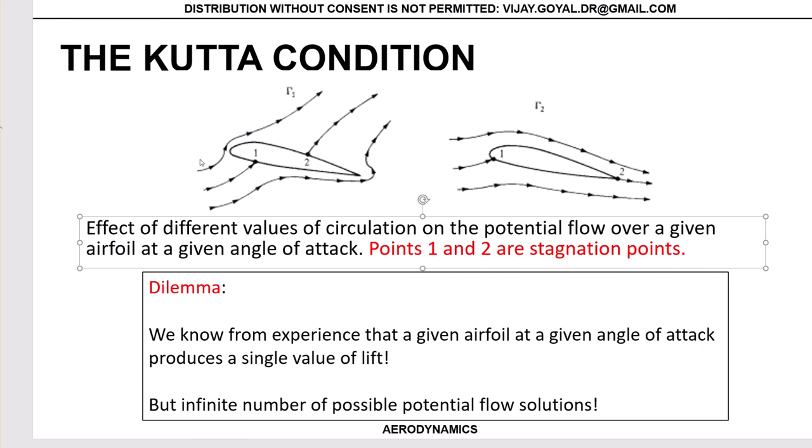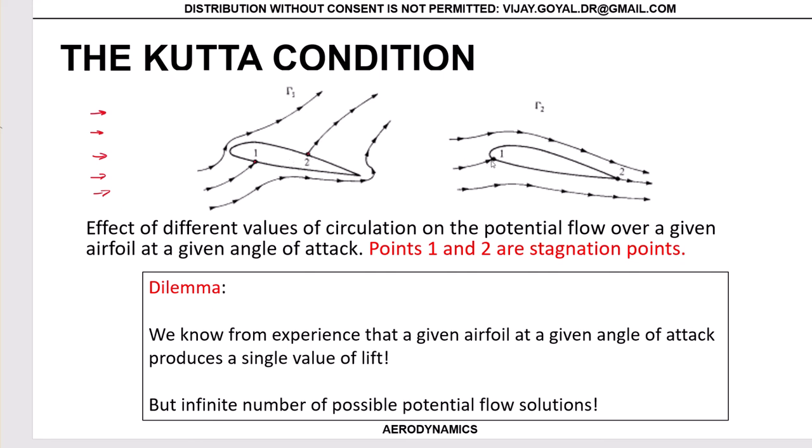When you have a flow, you have a flow coming in this direction. That flow is going to intercept your airfoil. The airfoil is going to have 2 points. You're going to have a point there and a point there.